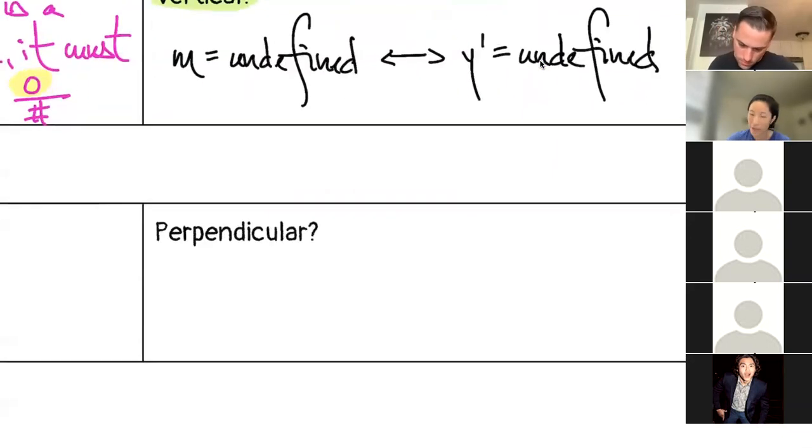And also a throwback to some middle school mathematics, perhaps. Tell me about the slopes of lines that are perpendicular. All right, we see negative reciprocal.